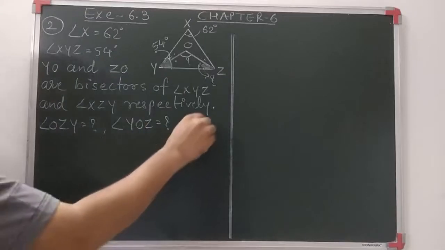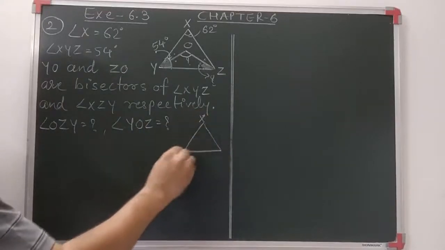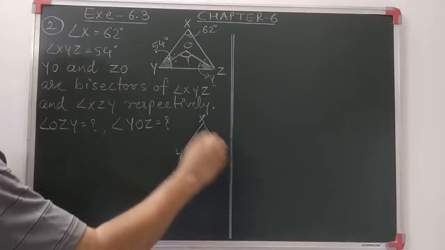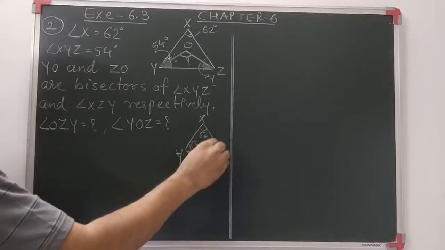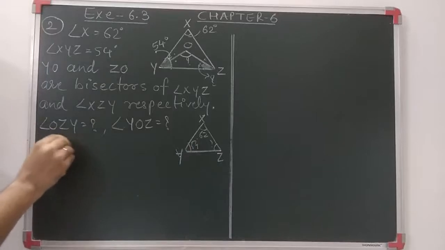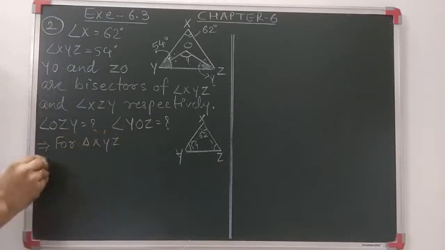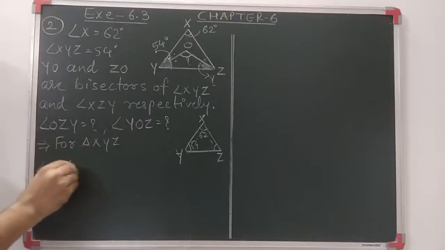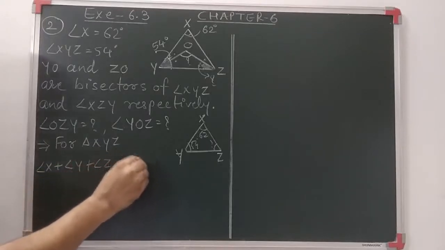Now, right now you forget about YO and ZO. As we have two angles of a triangle, one is 62, another is 54, we know how to obtain the third by using the angle sum property. So let's use that for triangle XYZ. Using the angle sum property, angle X plus angle Y plus angle Z is equal to 180.